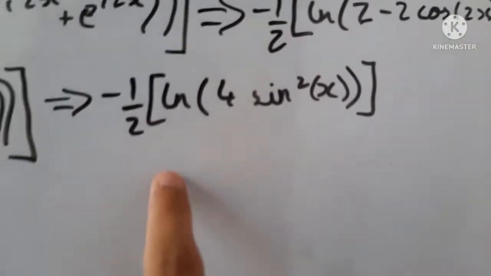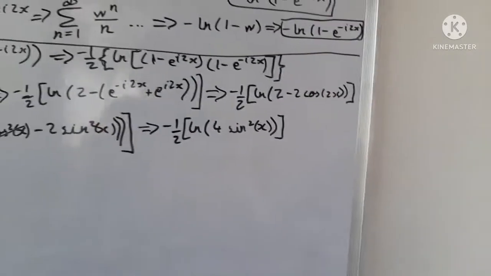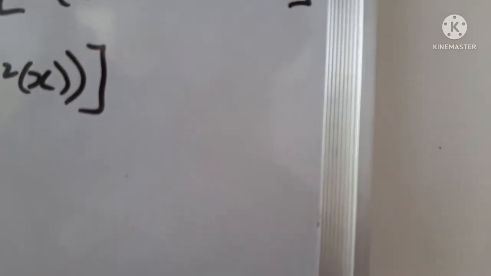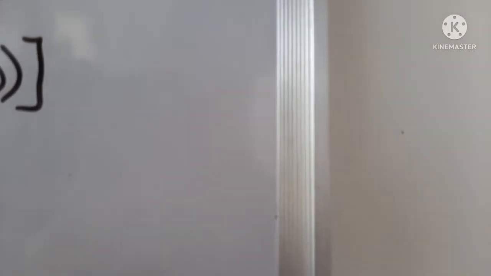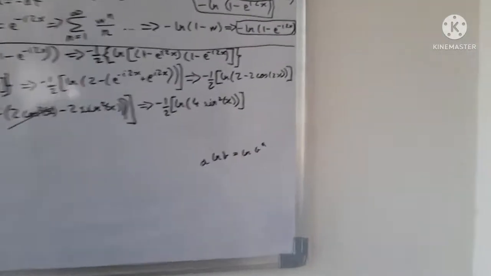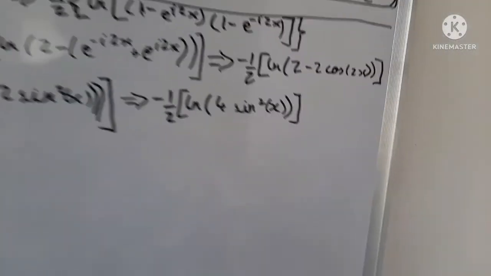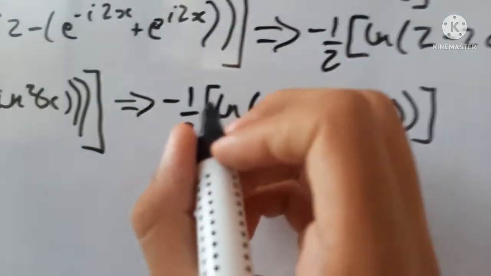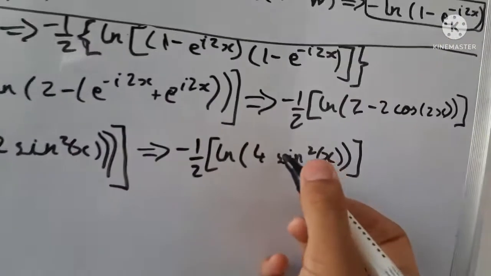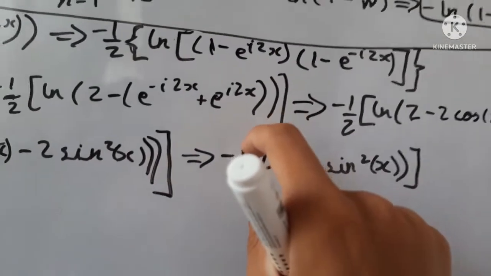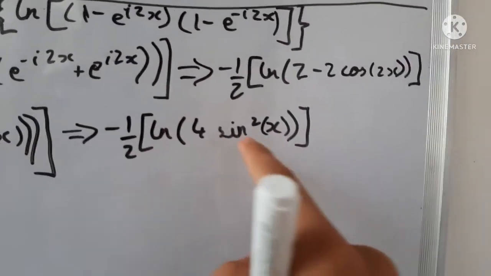Okay, so a property of logarithms is that a ln b can be written as ln of b to the a. That's a major property of logarithms, so we're going to use it here for this 1/2. So we take this power of 1/2 inside the logarithm, so take a square root of this part, and I'm going to skip that step because I am not an elementary school student.